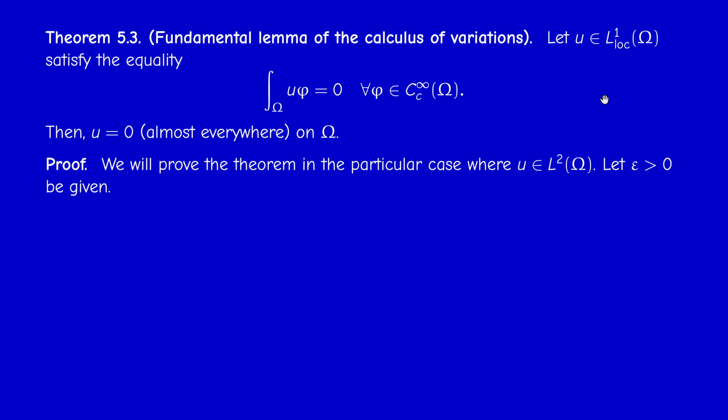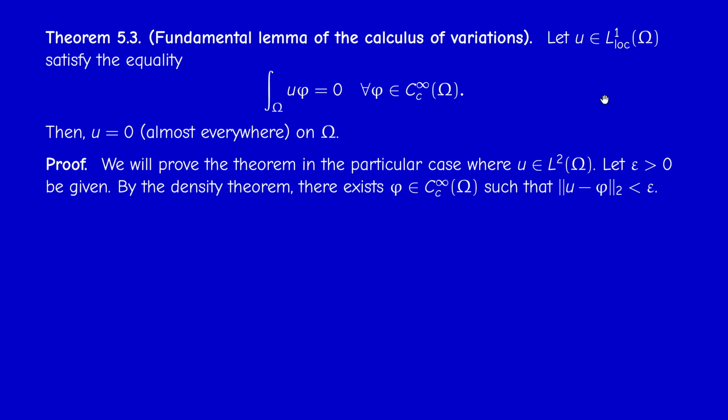It's enough to prove that the absolute value of u is less than epsilon almost everywhere, for every epsilon. If epsilon is given, the previous density theorem, Theorem 5.2, tells me that I can approximate u by a very smooth function phi in C_c infinity of omega in the L^2 norm. So the norm 2 of u minus phi is less than epsilon.